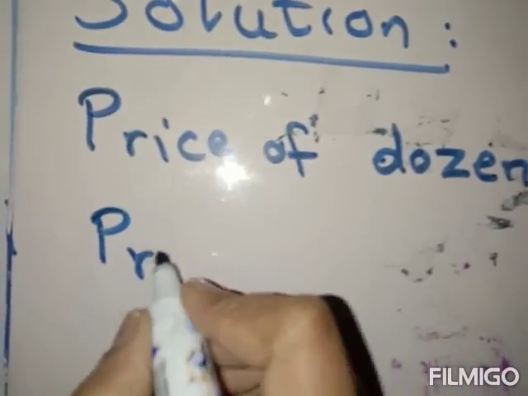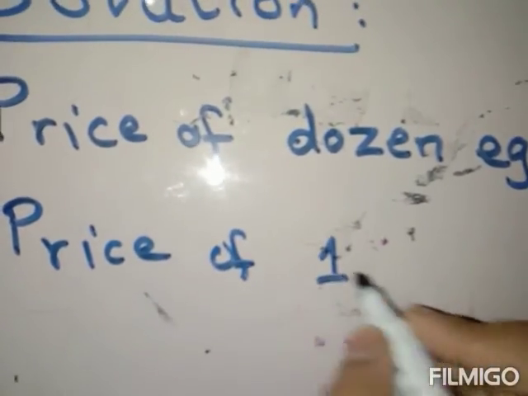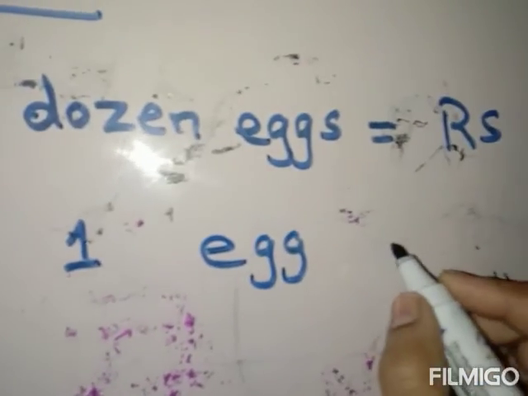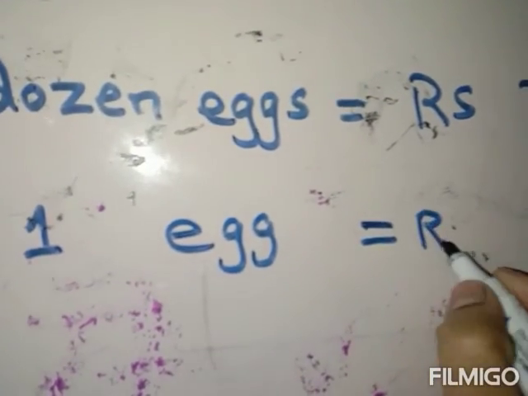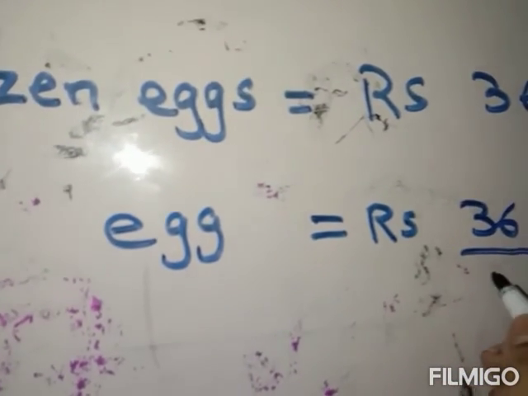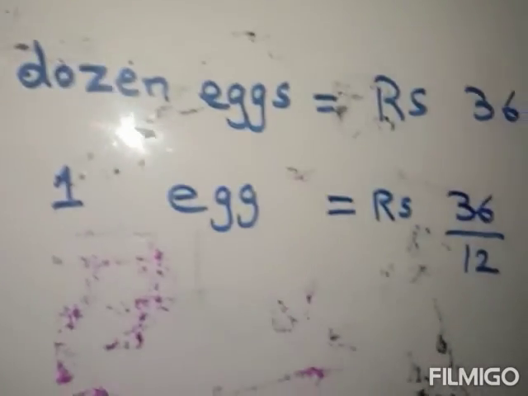Price of 1 egg is equal to rupees 36 divided by 12, because 1 dozen is equal to 12 eggs.